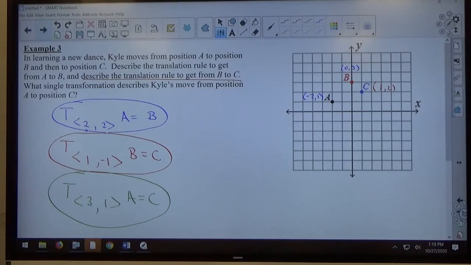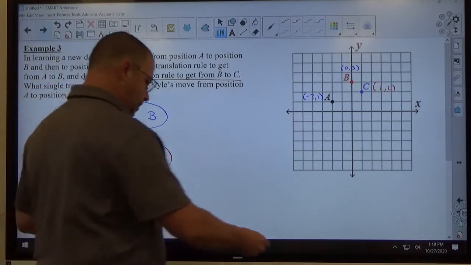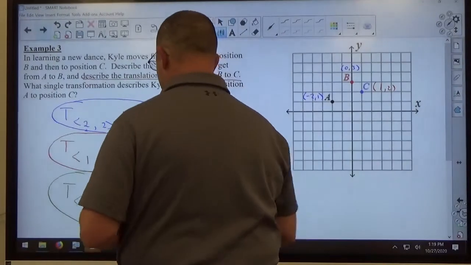Now, I'm going to give you a little bit of symbolism for this section that you're going to be seeing, and I want you to understand what the symbolism means, and this is what it's going to look like. Make sure I write it in the correct order.